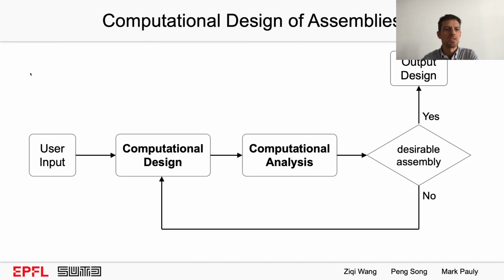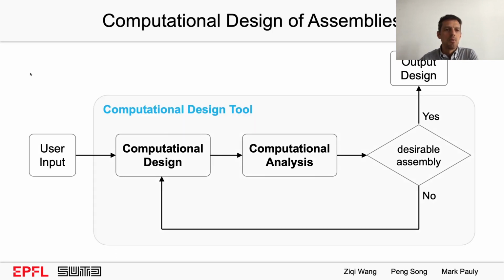If we break it down schematically, we can see here the pipeline from user input to the final desired output, and we will specifically look at these tasks of computational analysis, for example, to analyze whether a given assembly is structurally stable, and computational design, in particular, to define the shape and joining of individual component parts.